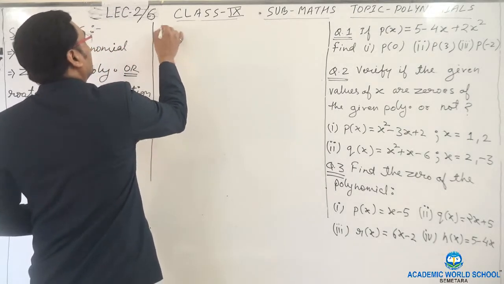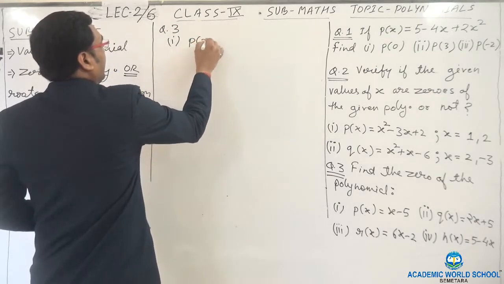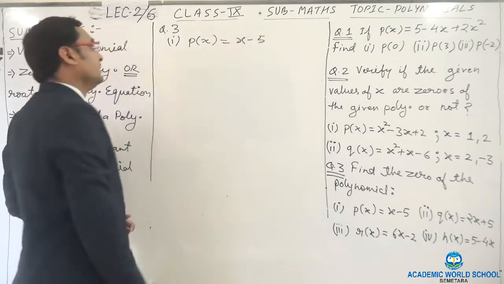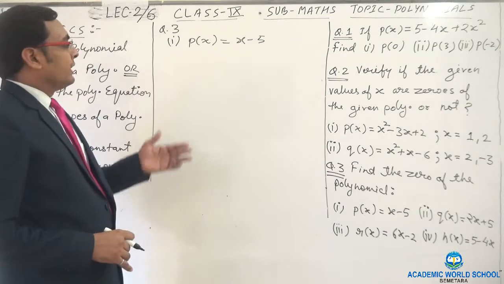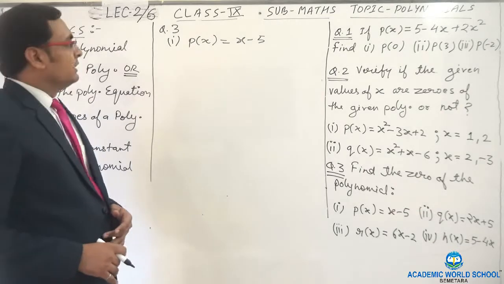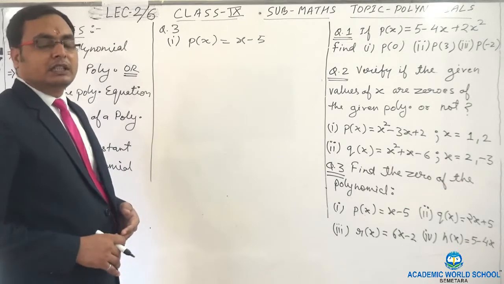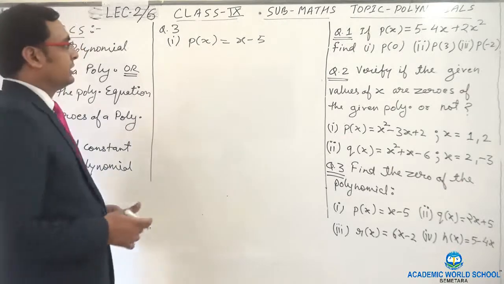First, question 3, first p(x) is equal to x minus 5. This is the polynomial. Now we have to find the 0 of this polynomial. So we will prepare an equation from this polynomial and the roots of those equations will be the 0 of this polynomial.